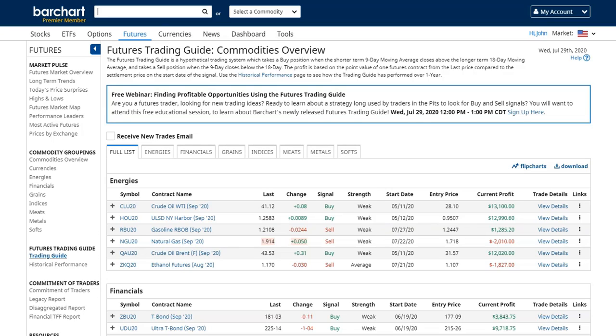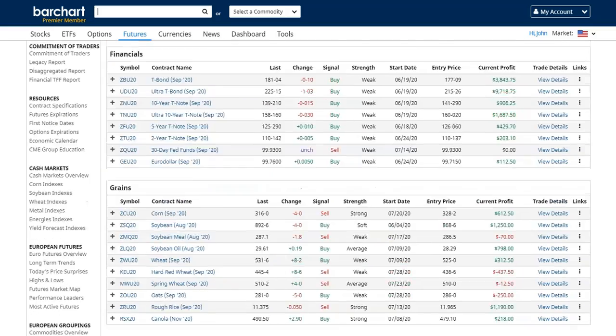Again, this is a guide. We're going to use this with other tools in our toolbox, part of our trade plan, part of our strategy. We're not just going to take these trades as is, but when this indicator finds a potential trend, and that trend is a strong trend, it's going to give us some very impressive results.